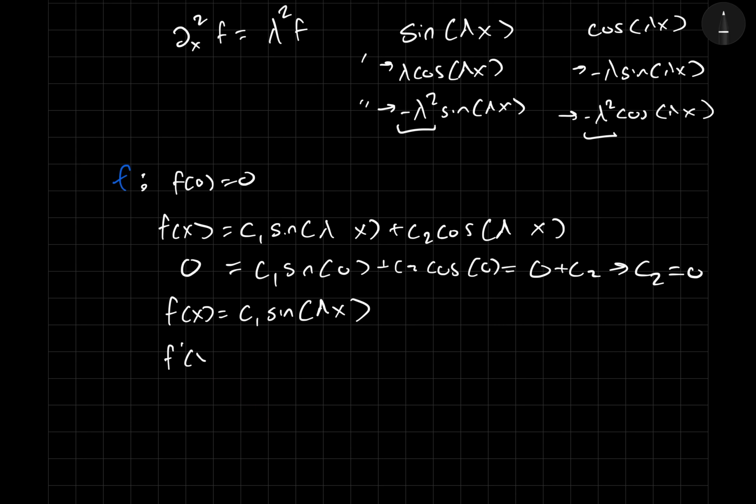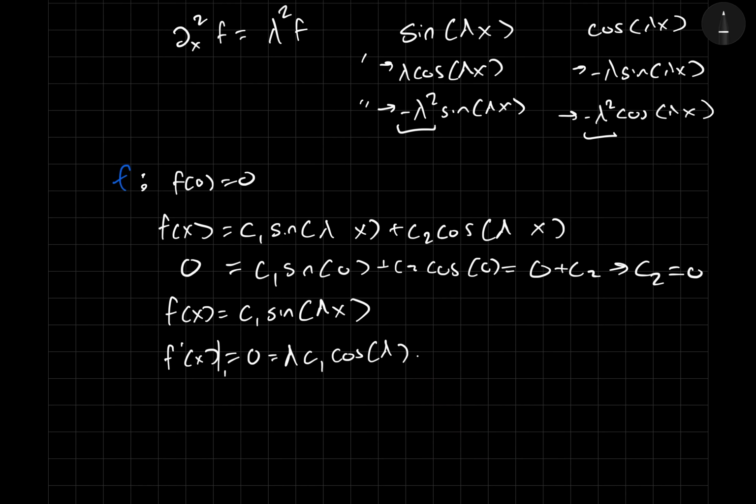So the derivative of f is 0 at x equals 1, which is going to be the same as lambda c1 cosine lambda x. Well, this is not the right way to write it.